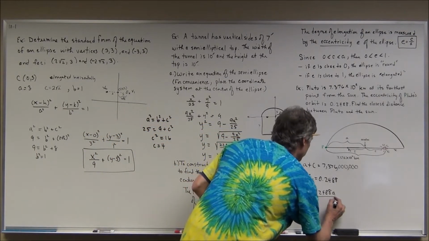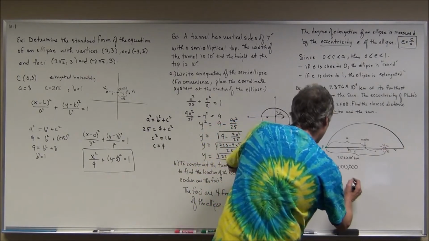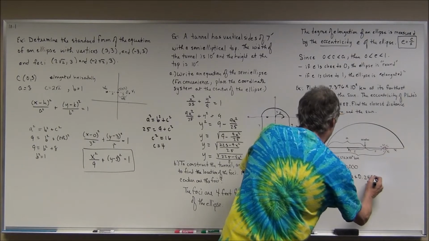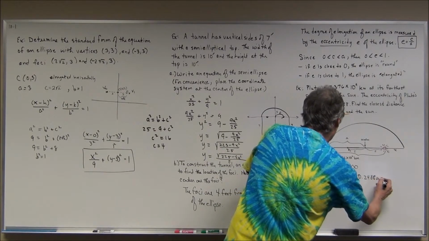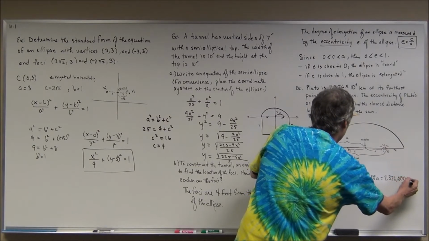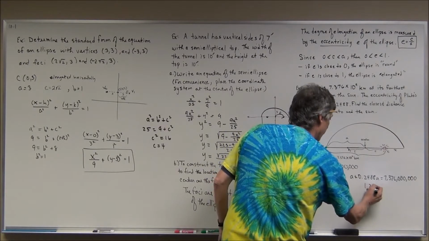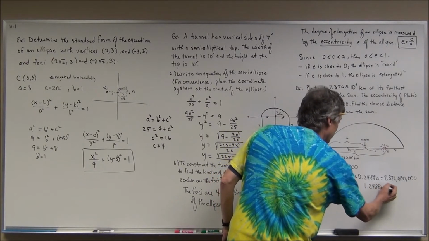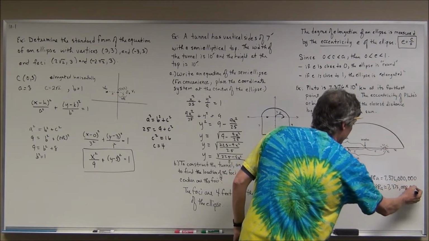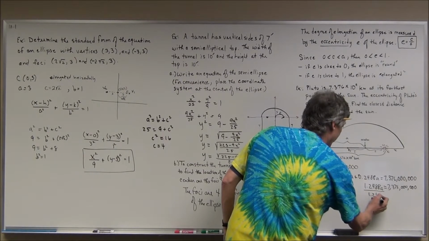I'm going to make a substitution. I'm going to plug this in for c, and that's going to give me a plus 0.2488a is equal to 7,376,000,000. Combining like terms, I have 1.2488a is equal to 7,376,000,000. And I'm going to divide both sides by 1.2488.